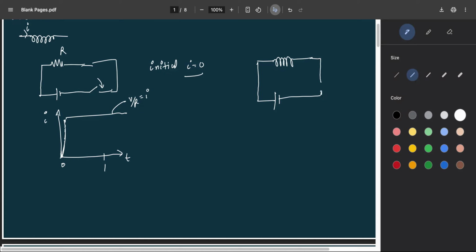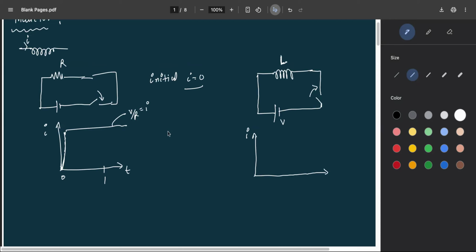If I close the switch to this battery, and this is an inductor, whose value is written as L, as I discussed in the last class, do you think the graph I'm going to get is the same or something different? Just think of it right now.